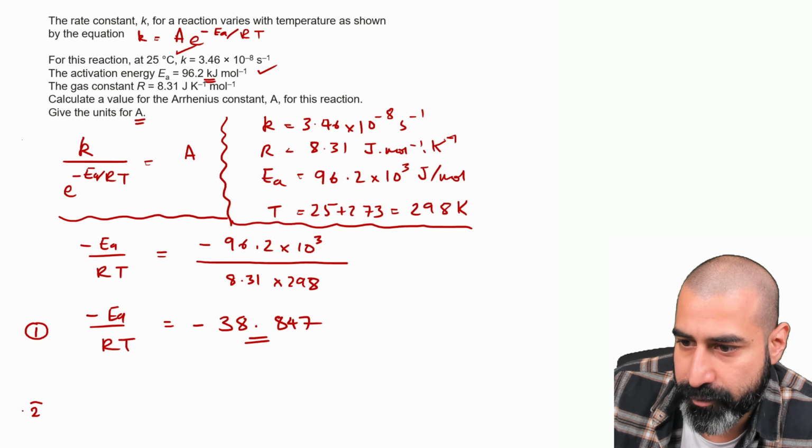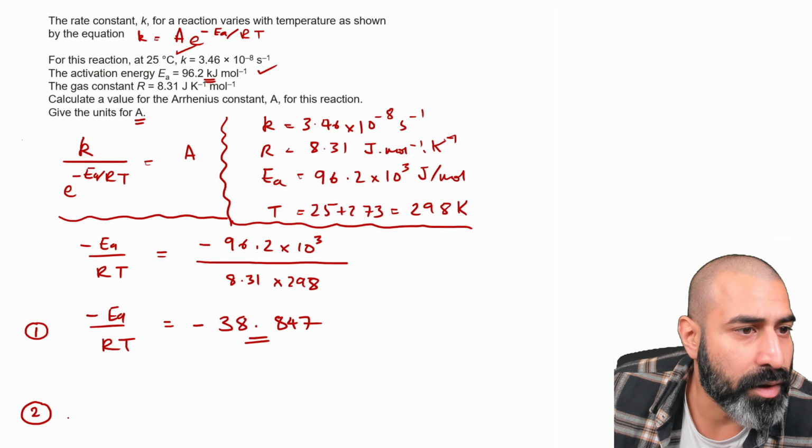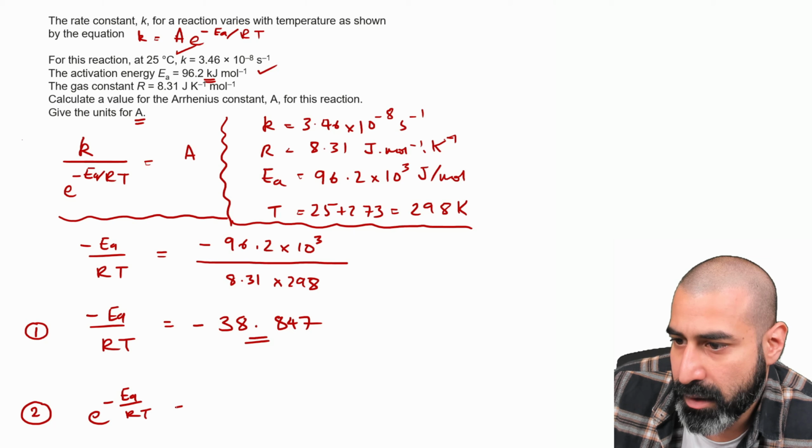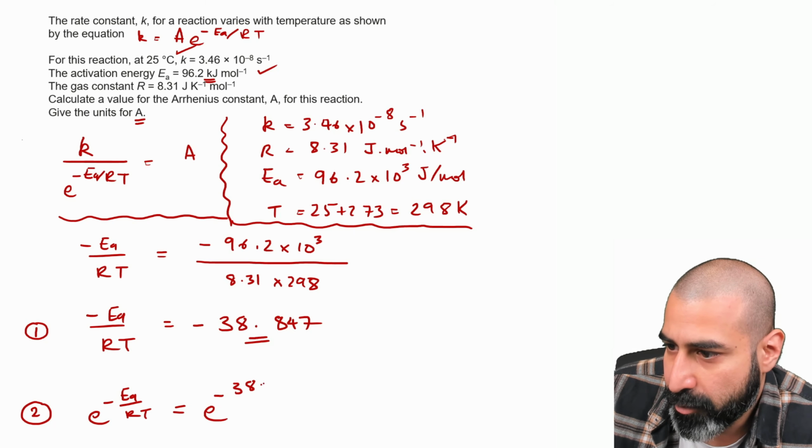Step number 2 is going to be e to the power of minus Ea over RT, which is e to the power of minus 38.847.